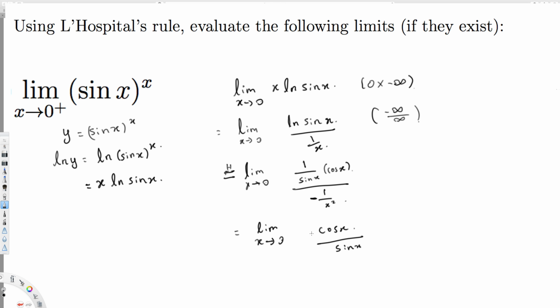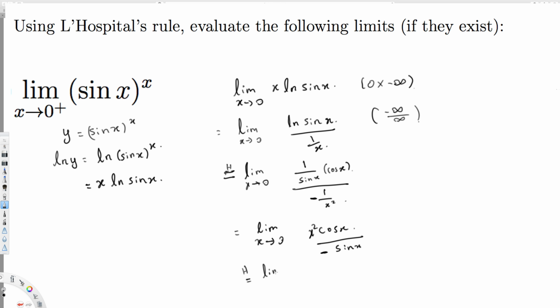If I apply 0 here, 0 multiplied by cos 0, which is 1, is 0, and sine 0 is 0, so it's still an indeterminate form. So we have to use L'Hopital's rule one more time.